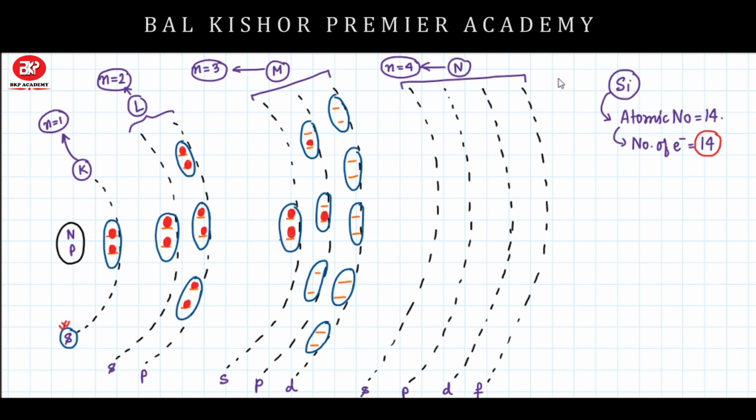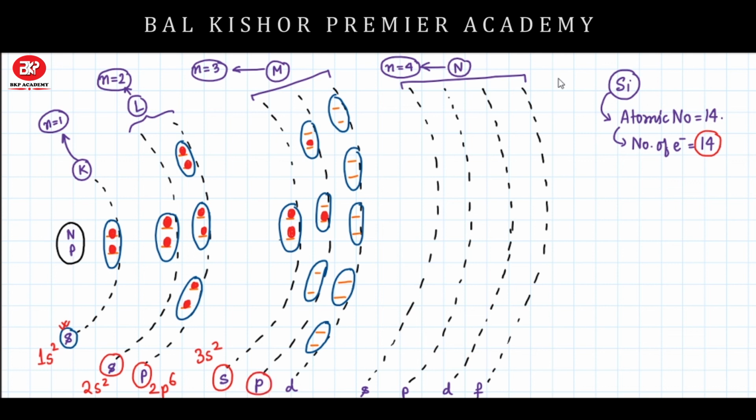So we can write the electronic configuration like this. Here it is the subcell of the first energy level, so we can write it as 1s. How many electrons are there? 2 electrons are there. Similarly, for this subcell S, we can write 2s2. Here we can write 2p6. For this we can write 3s2.